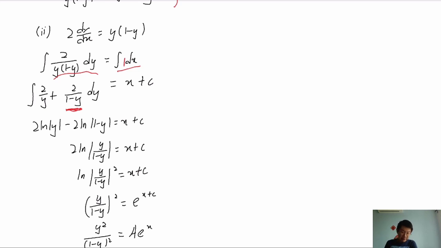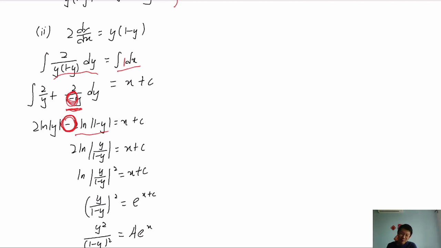When we integrate this, other than getting 2 ln of 1 minus y, remember that we have to divide by the coefficient of the y. In this case, the coefficient of the y is negative. So after we integrate, we should have a negative as the coefficient for the ln of 1 minus y. We have to be really careful whenever we integrate something like this.